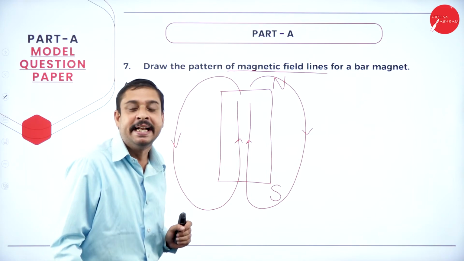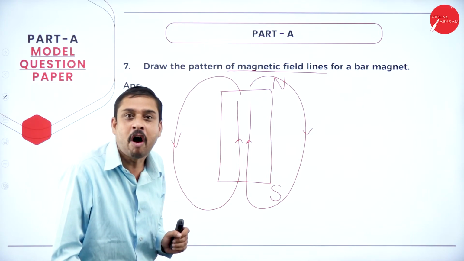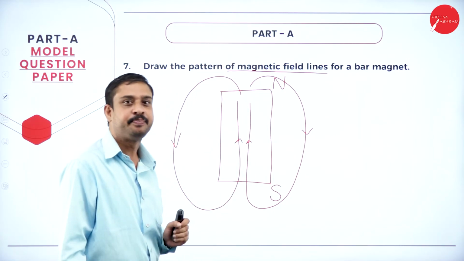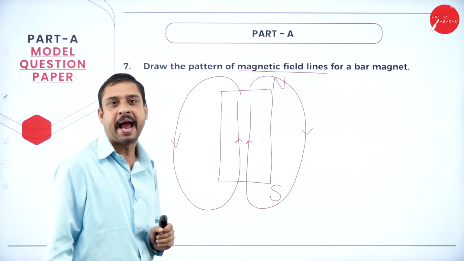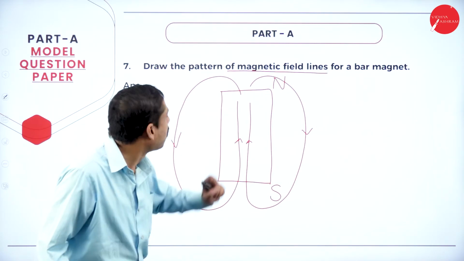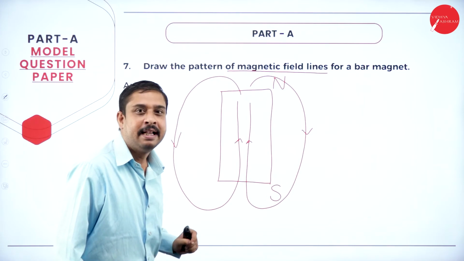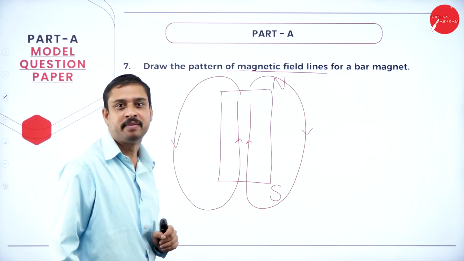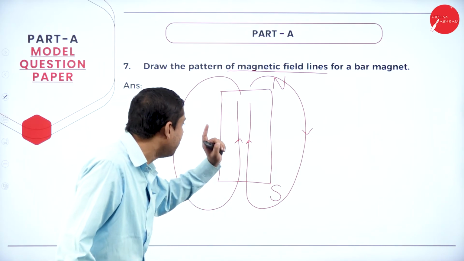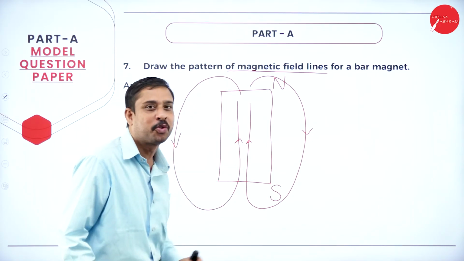This is a very interesting feature when you plot the magnetic field lines for a bar magnet. Outside the magnet, the field lines start from the north pole and come towards the south pole, and inside the magnet, from the south pole to the north pole.